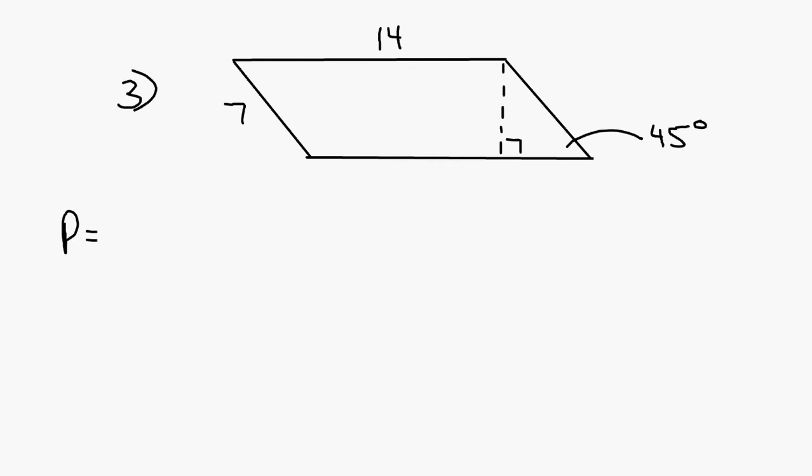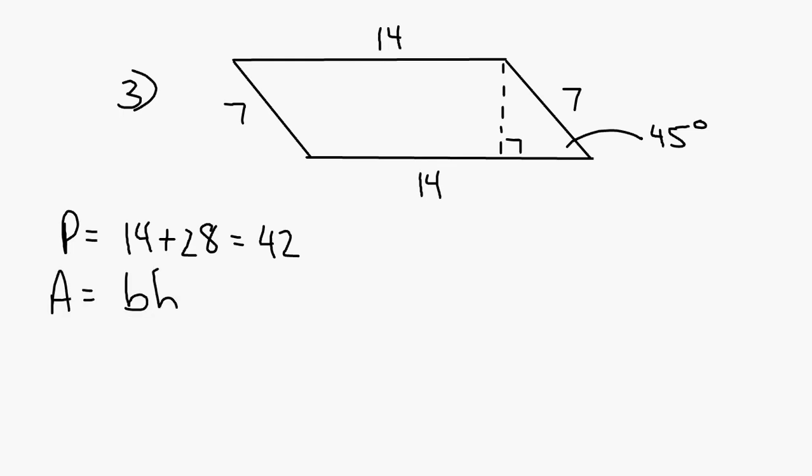If the top's 14, the bottom's 14. So 2 7s is 14, plus 2 14s is 28. Perimeter is equal to 42. The area is equal to the base times the height. So your area is going to be equal to the base, which is 14, times the height, which is right here.